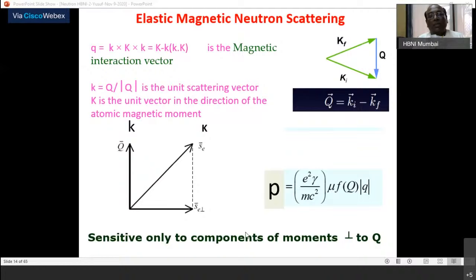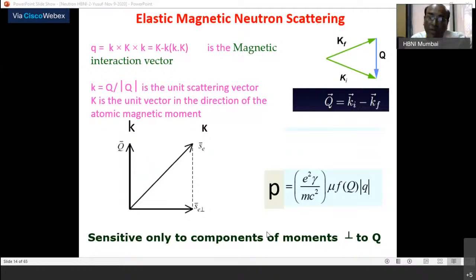Now you may say this is a little complicated situation. It should not have been. We would have felt happy without this complicated situation. No, the answer is no. See, once you have this kind of dependence, it gives you some kind of handling parameter. Why am I making this statement? Suppose, let us say, the moment, whatever be the direction, that is what gives the scattering.